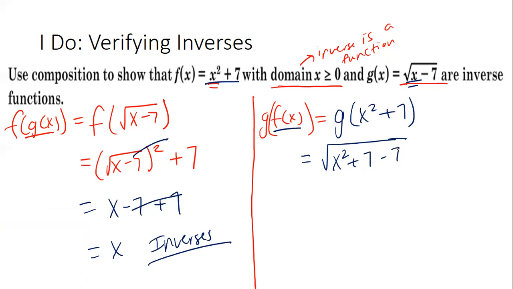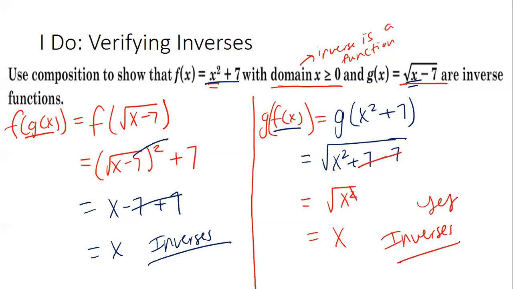I have a positive 7 and a negative 7, so they cancel. So we have square root and x squared, and what do they do? Cancel out, and what are we left with? x. So what does that verify again? That they are inverses.